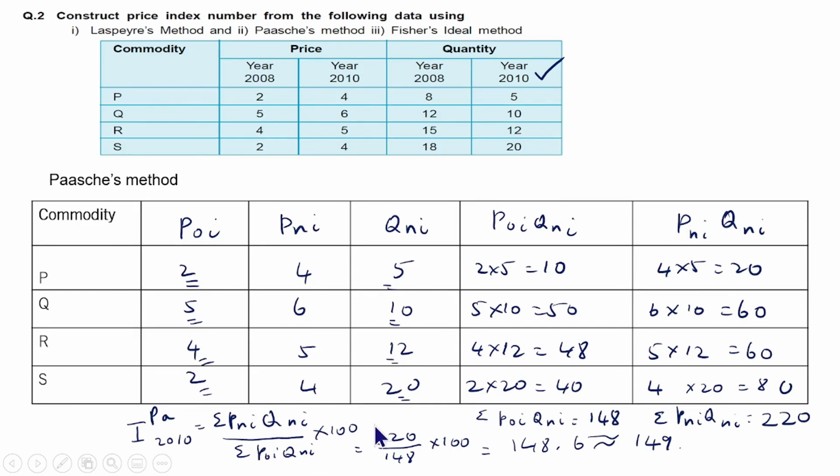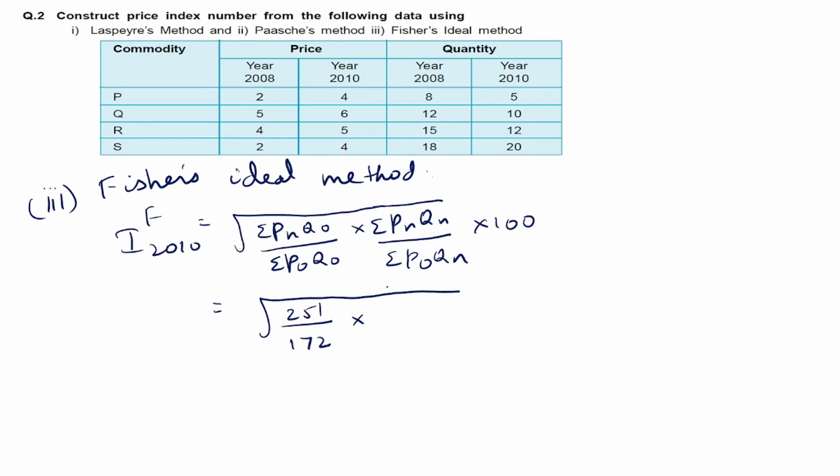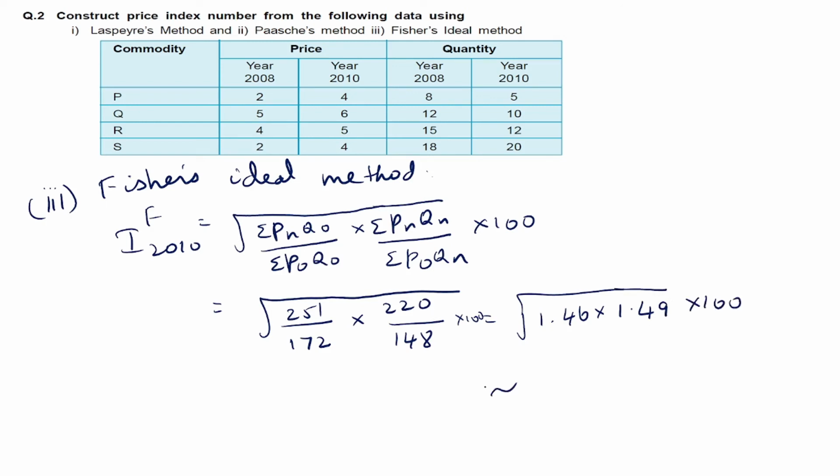Using Paasche's index, here it is 220 upon 148, into 100. So this is equal to root of 1.46 into 1.49 into 100, which is approximately equal to 147.